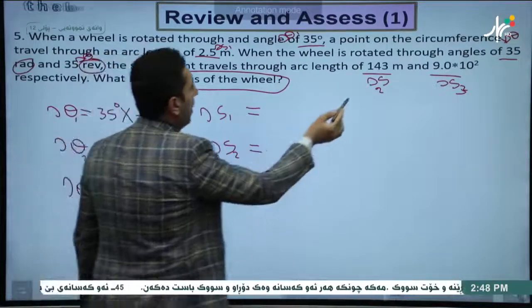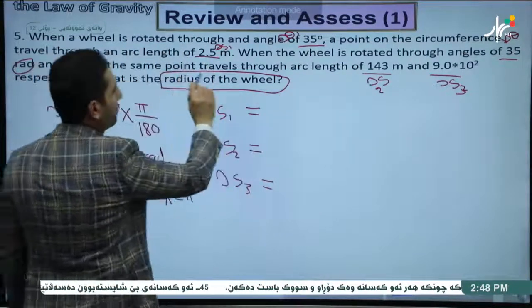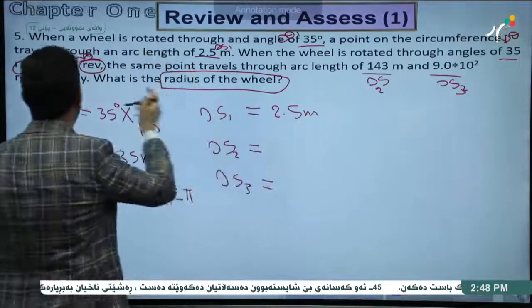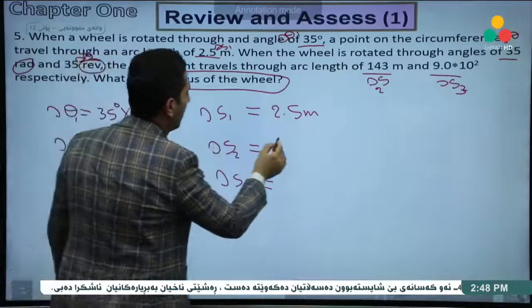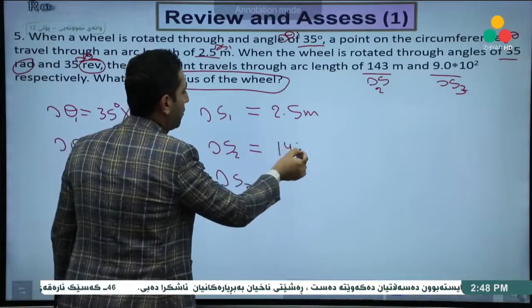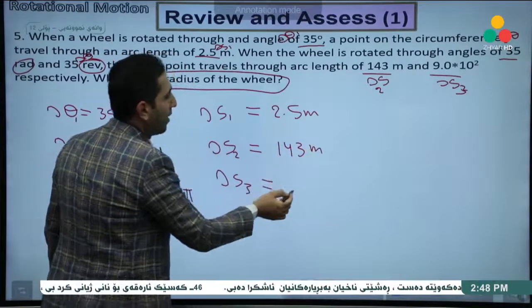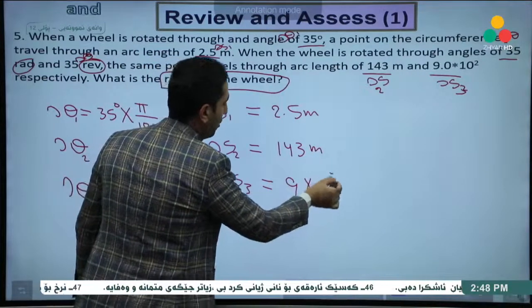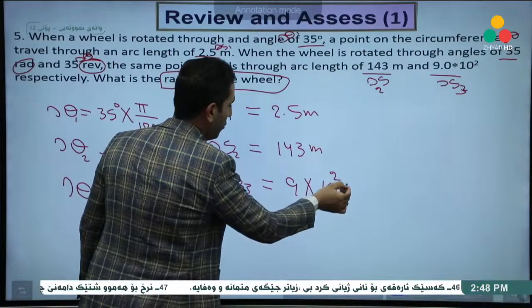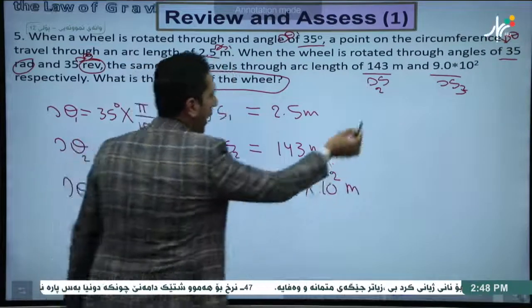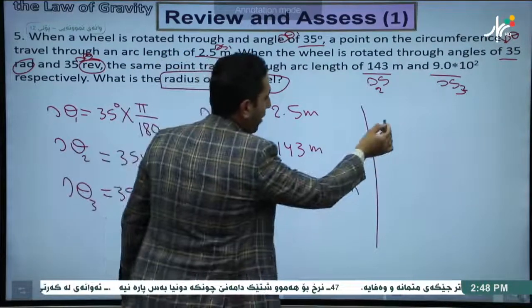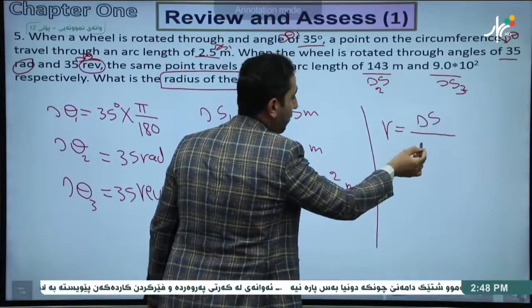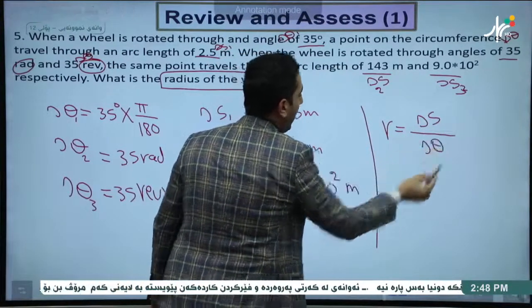Arc length 1 is 2.5 meters, arc length number 2 is 143 meters, and the last one is 9 times 10 to the power 2 meters. The radius is equal to delta S over delta theta.